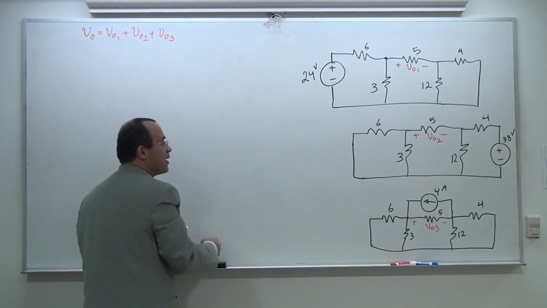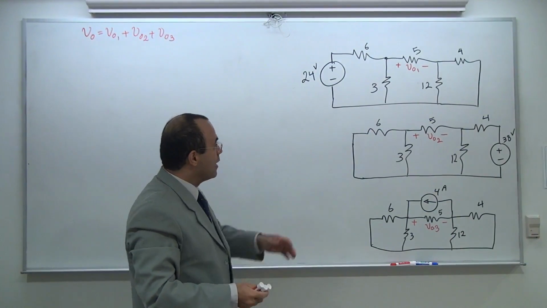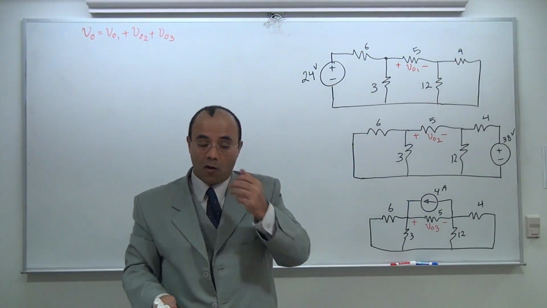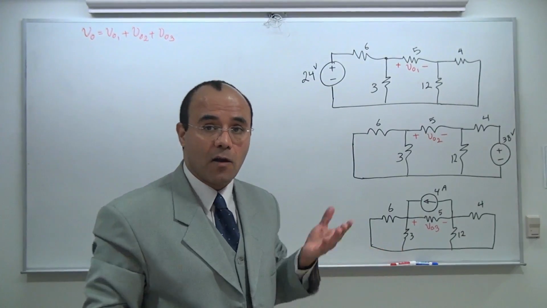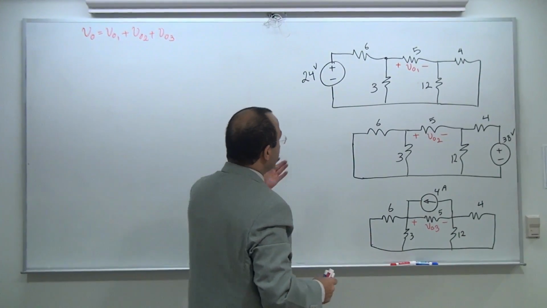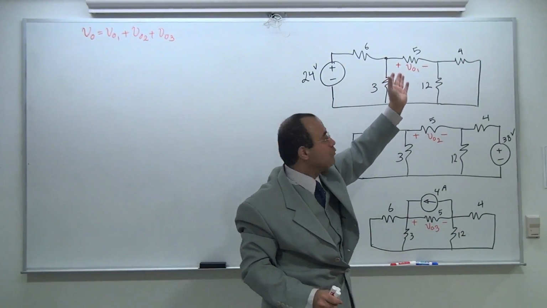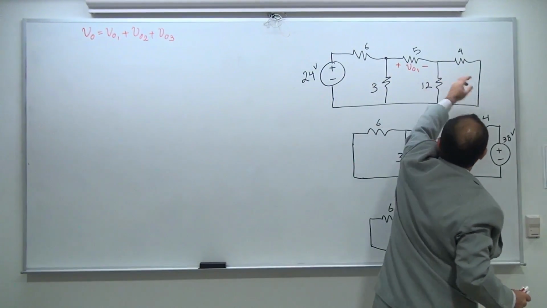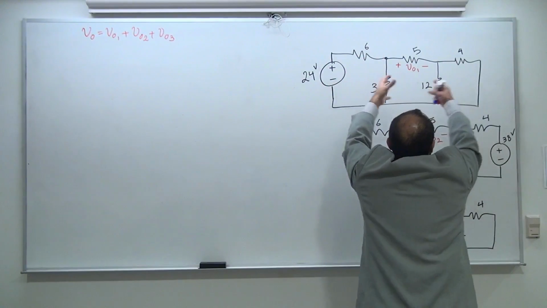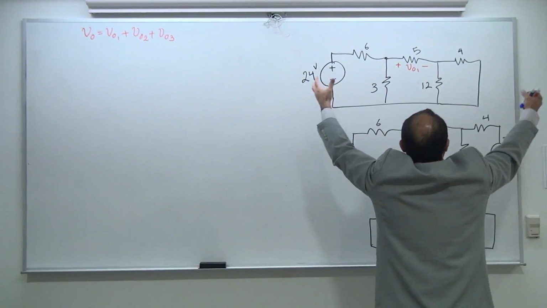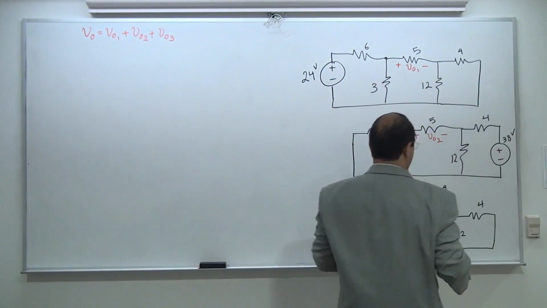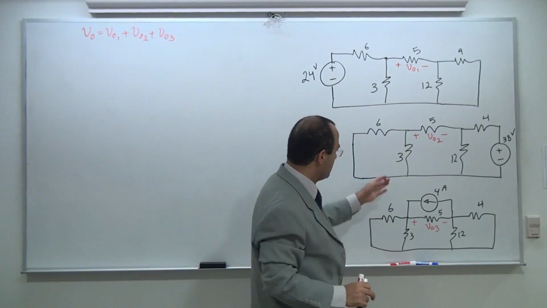Now, as soon as you separate these three topologies, they are different topologies now. Although it looks like they are similar, they are different topologies. So I need you to have peace with the technique you want to use. Whether you want to do mesh, nodal, or compress and decompress, reduce this design and come back, that's your choice.